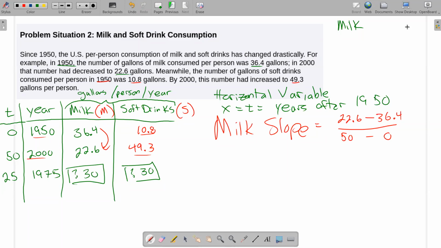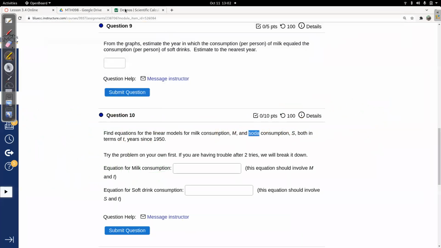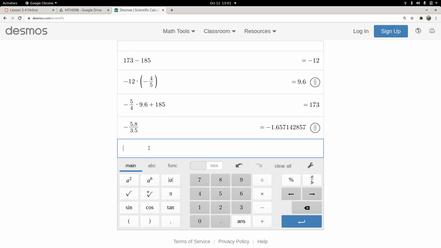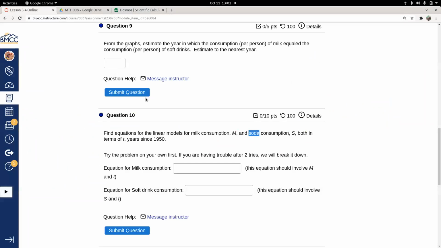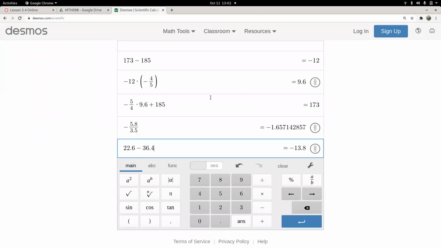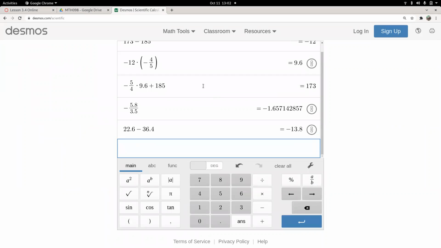Check that on a calculator. I have another video where I do this on a spreadsheet. So 22.6 minus, what was the other, 36.4. Yep. So that's my numerator, negative 13.8. And then we're going to divide that by 50.